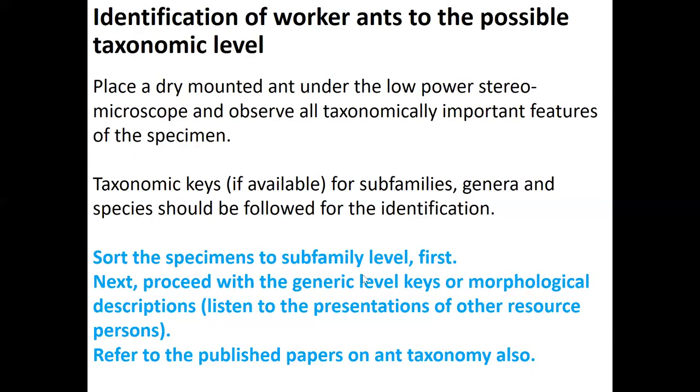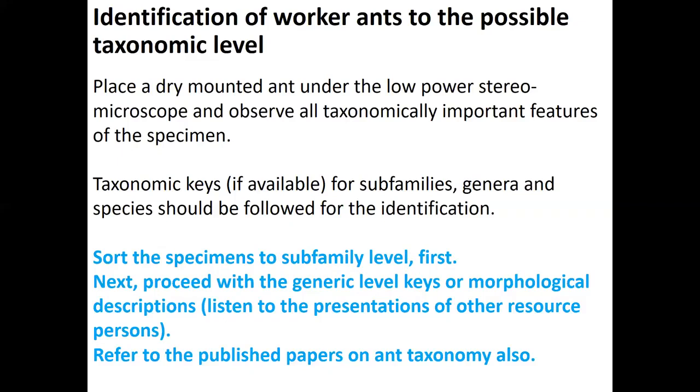So be careful. During identification, sort the specimens to subfamily level first. Today I am going to show you how to sort the specimen to the subfamily level only.